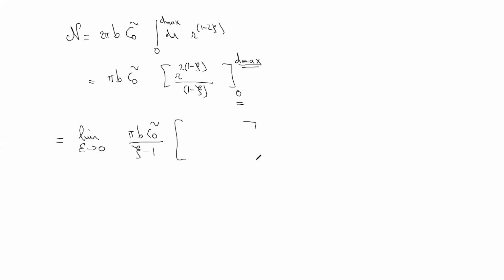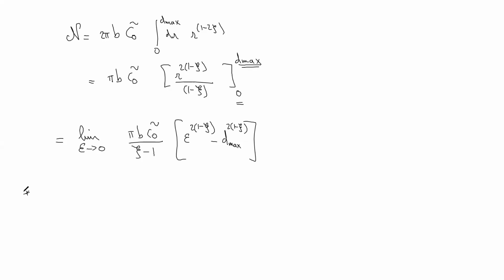And here, let me take first that bound. So it's epsilon to the power 2, 1 minus xi, minus d max. So clearly, when xi is bigger than 1, we have a problem. So let's look at the two limits.